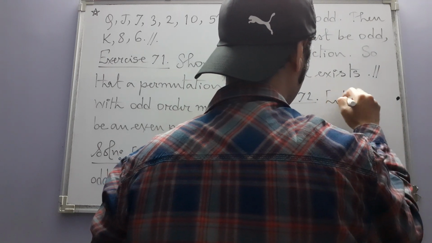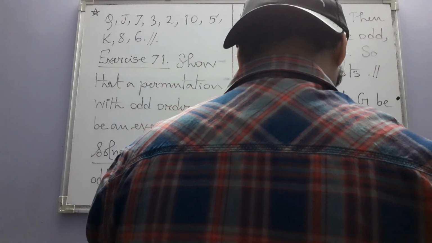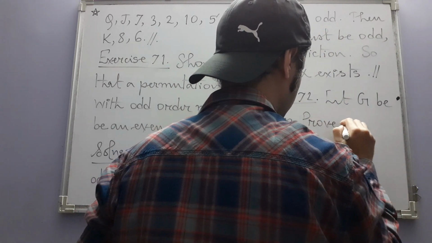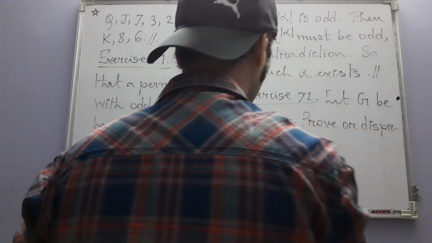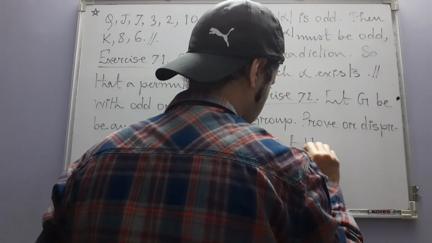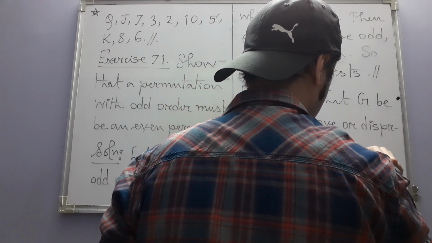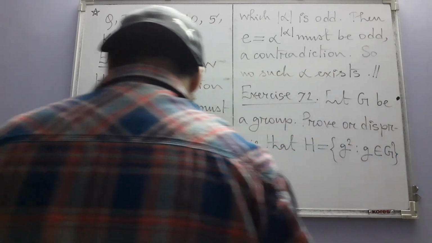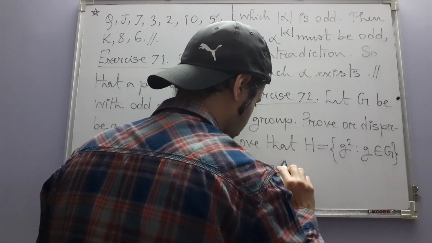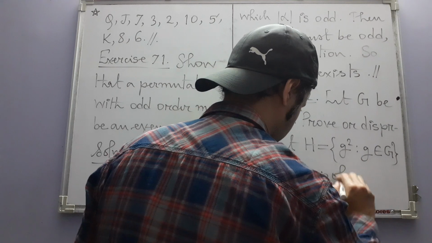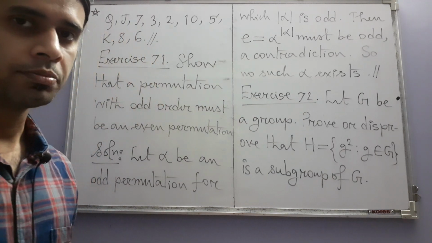Let G be a group. Prove or disprove that H, which is the set of the squares of the elements of G, is a subgroup of G. Is it true that in any group this subset H is a subgroup of the group?